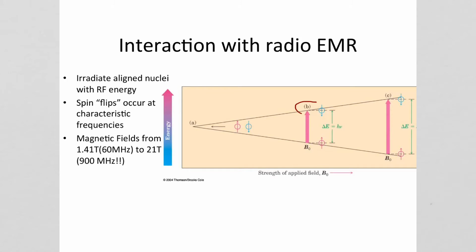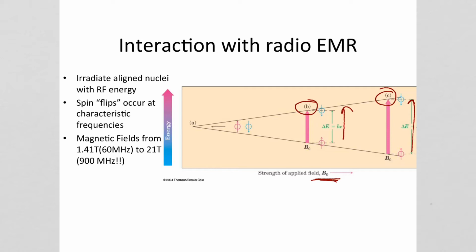But at point B and point C, you can see that at a higher strength of the magnetic field the sample is in, there's a larger difference in energy between a nucleus aligned with the magnetic field and one aligned against it.